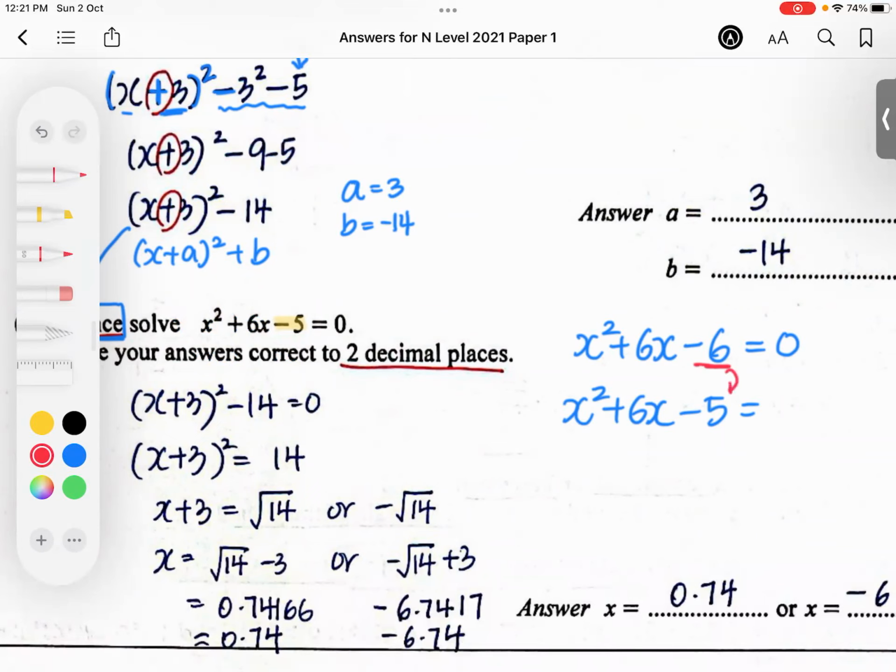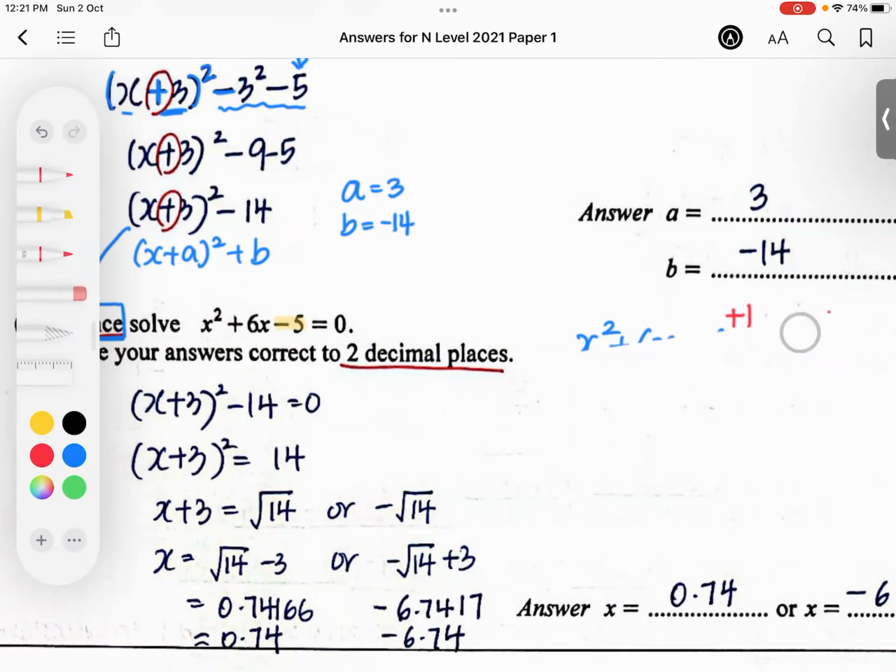If I need to do this, means -6, I probably need to do a +1. If I add 1 to make it become -5 on the left hand side, I also must add 1 on the right hand side. Then this whole portion is the same. I'll put whatever expression that I have into my equation, but now this one is equals to 1. There is a difference, but this is not very likely. Once in a while, sometimes it may appear.